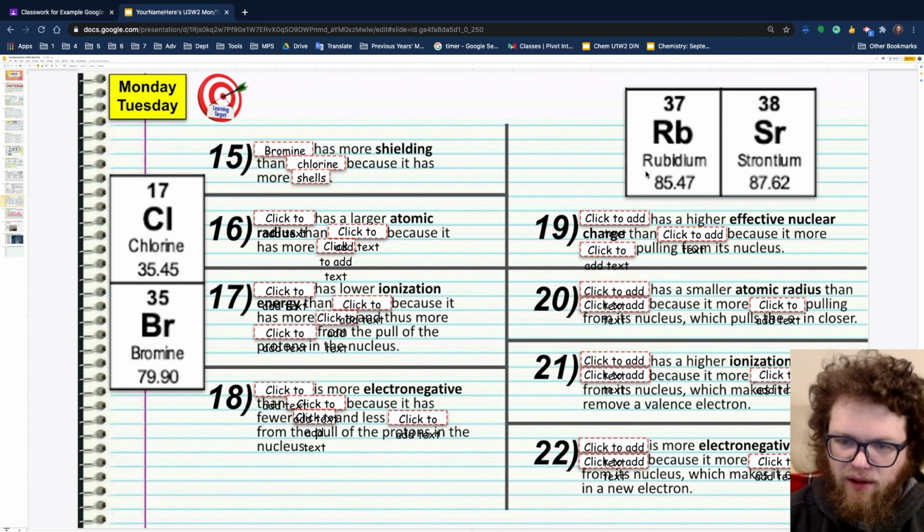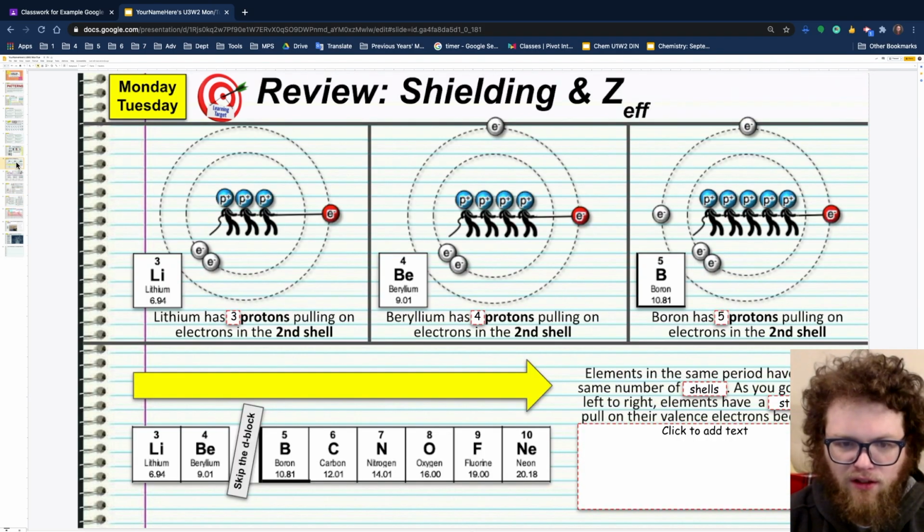We've also got rubidium and strontium, which appear to be in the same period because they're at the same level. Which one has a higher effective nuclear charge? Because it has more blank pulling from its nucleus. Well, if we go back to where we talked about that, it looks like elements on the same period have the same number of shells.